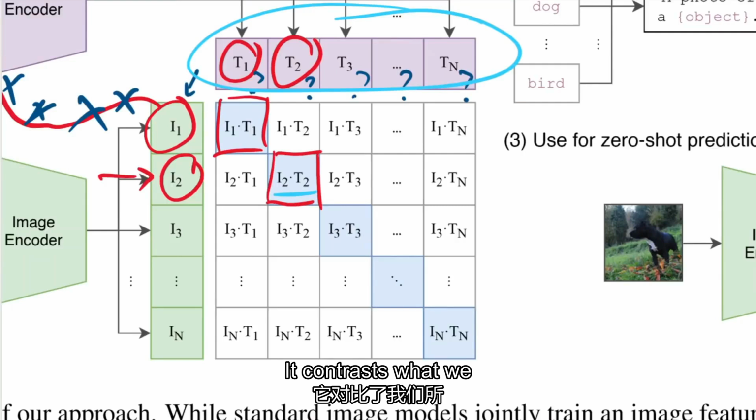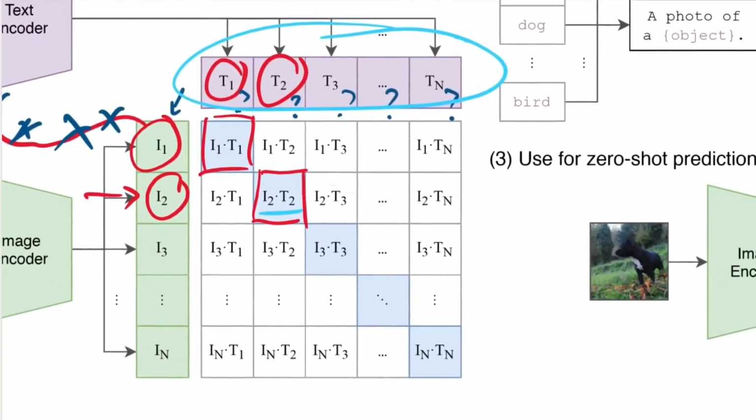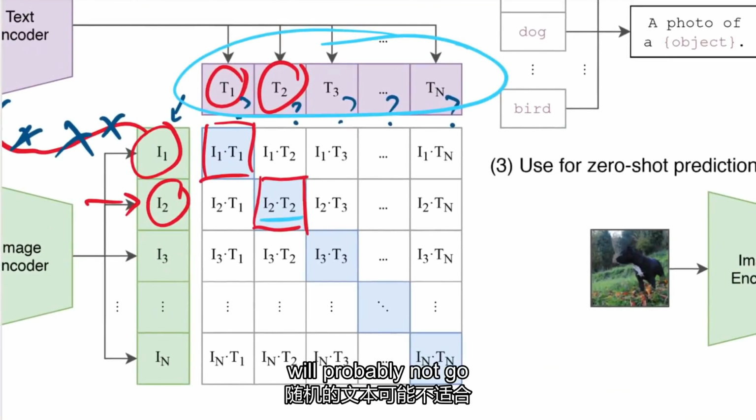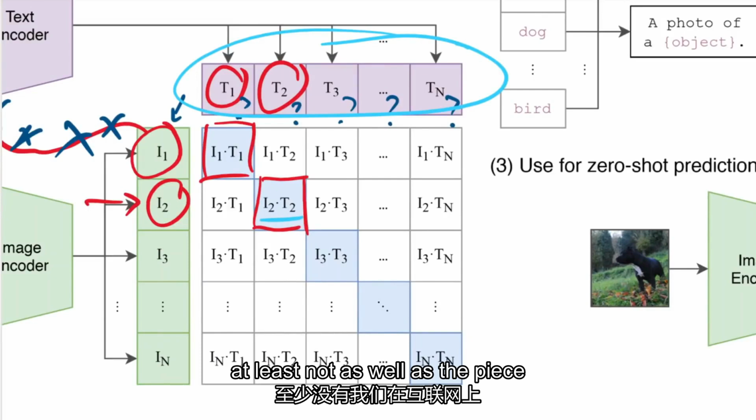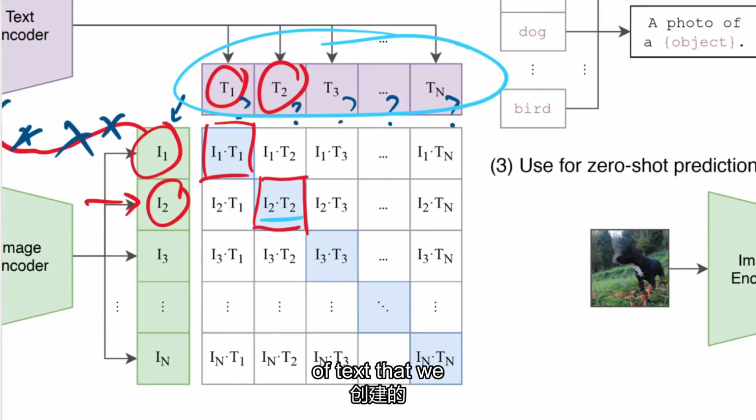It contrasts what we know goes together, right, the diagonal elements in this matrix, with what we know doesn't go together. Actually, we don't know if a different description wouldn't fit the same image, but we can safely assume that a random piece of text, since we do the mini batches randomly, will probably not go with this particular image, at least not as well as the piece of text that we found it with on the internet.